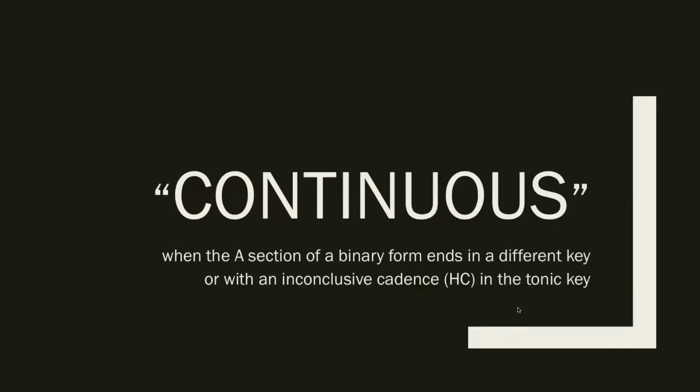A few terms that are related to these concepts are continuous and sectional. Continuous refers to those form designs where we modulate by the point of bisection. It also refers to any binary forms that have an inconclusive cadence at the end of the A section, like a half cadence in the tonic key. Basically, if you end on any chord other than tonic from the tonic key, it will be a continuous form.